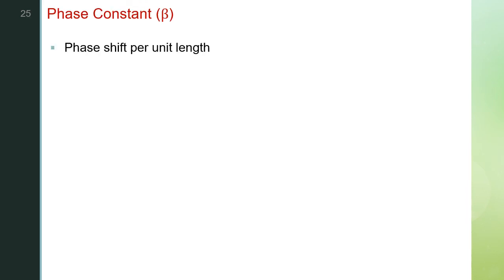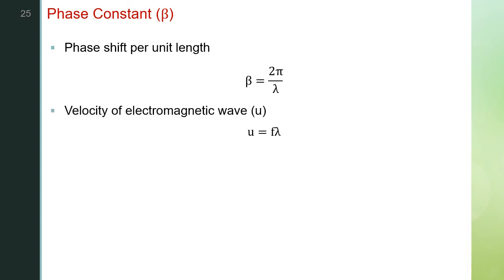Now we have already seen the phase constant beta in radians per meter. In other words, beta can be defined as phase shift per unit length, that is, beta equal to 2 pi by lambda. Using this, we can find the velocity of the electromagnetic wave, which is u. The general expression for velocity is u equal to f lambda.